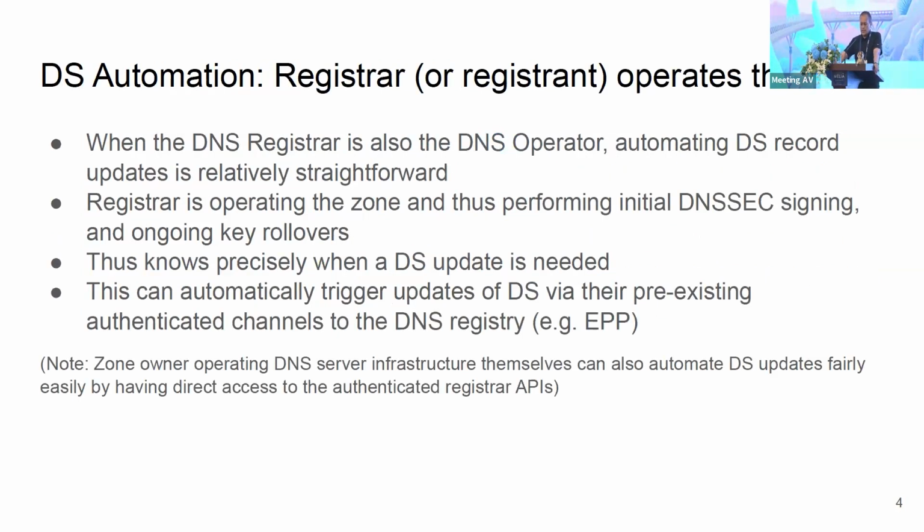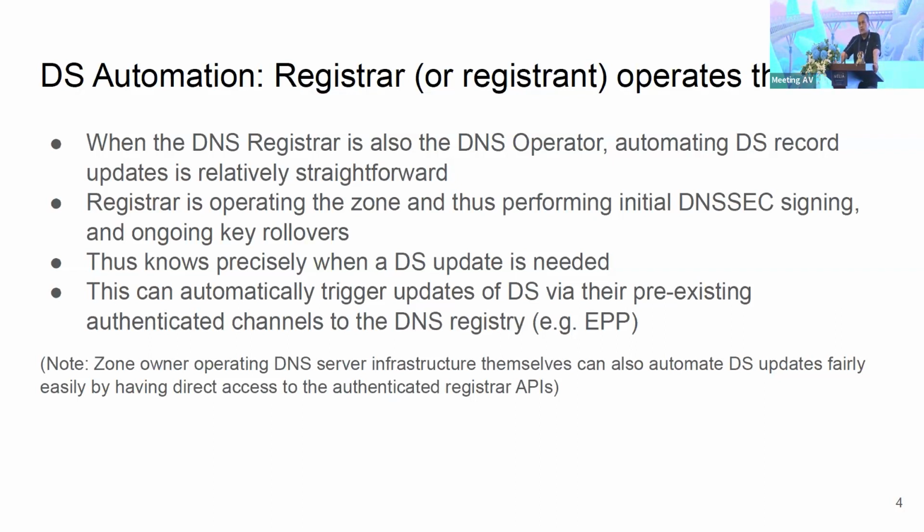The first case to consider is where the registrar is also the DNS operator. Here, the ability to automate DS updates is actually fairly straightforward, at least in principle. They are performing initial signing of the zone and also key rollovers when needed, so they know exactly when the DS record set in the parent needs to be updated.